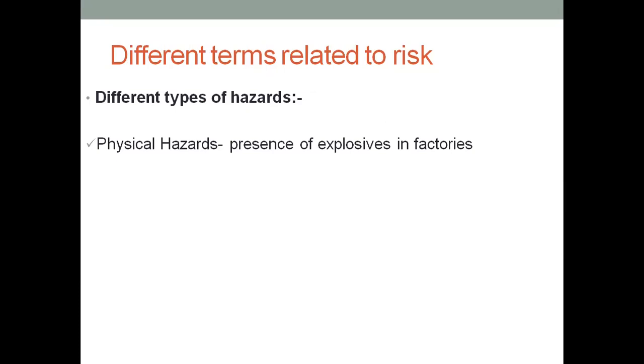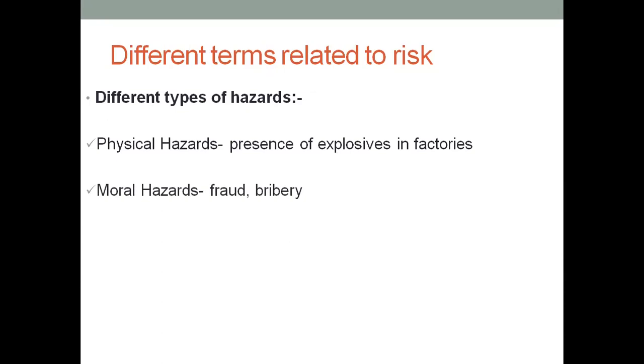Similarly, any truck that is carrying an inflammable item, if there is a fire in that or an accident with that truck, the loss will increase many number of times, rather than if there is an accident with a general vehicle which doesn't contain any inflammable items. So that is called the physical hazard.